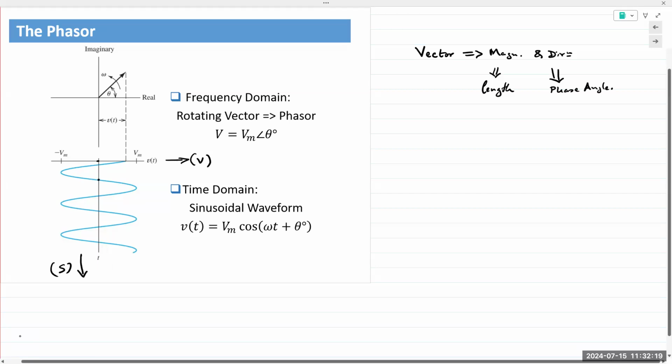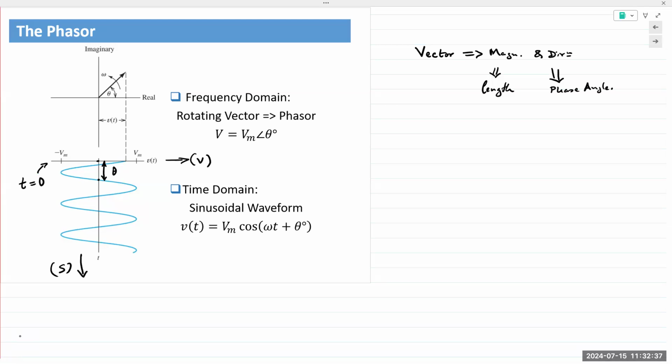This is time t equals 0. So v of t is Vm cos of omega t plus or minus theta. Theta, of course, indicates the phase. Phase indicates the point in time when the waveform crosses the axis, or how far away it is from t equal to 0.